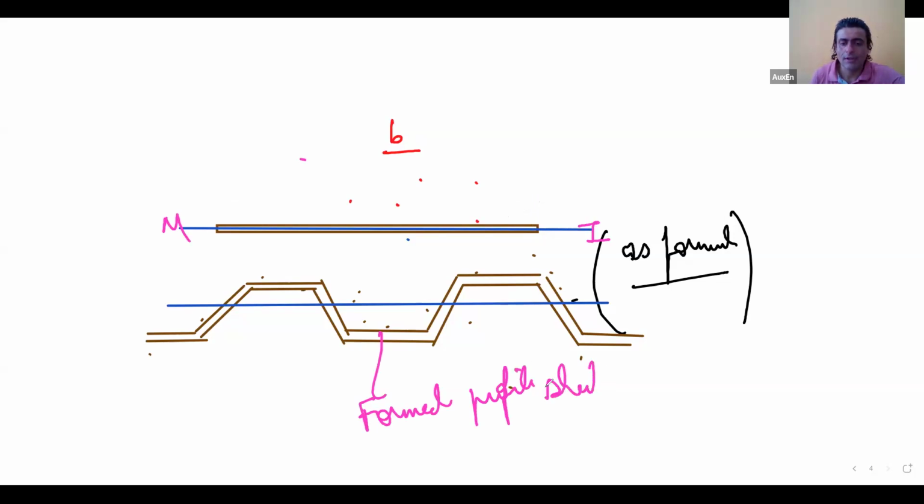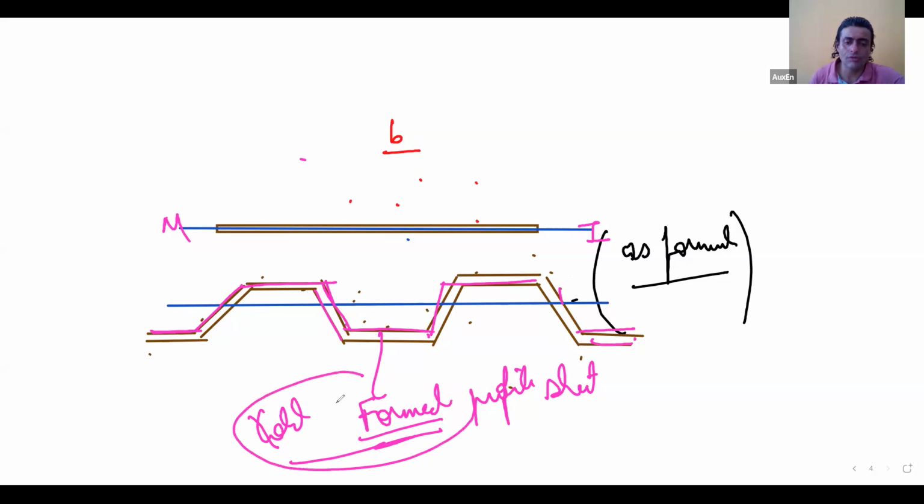profile sheet. What is the meaning of forming? This is called cold forming. What is the meaning of cold form? I get my plate from the market, and then in the rollers, I have a roller set machine. In cold forming, I'm not raising the temperature of the plate. At normal room temperature itself, I give this type of a shape to the plate.